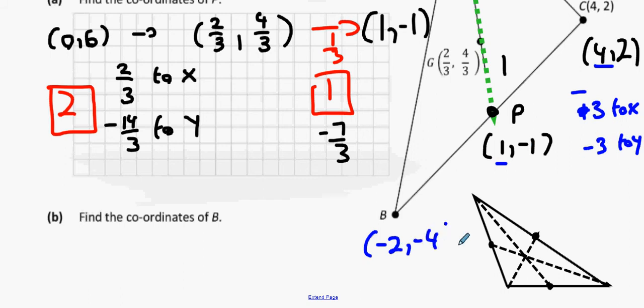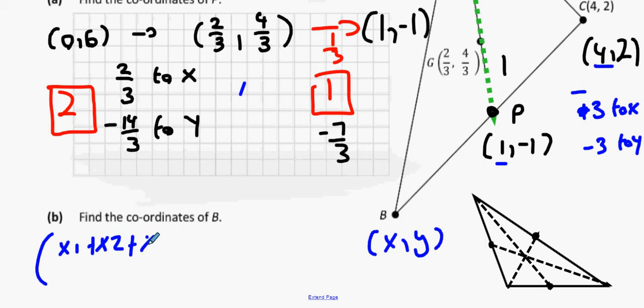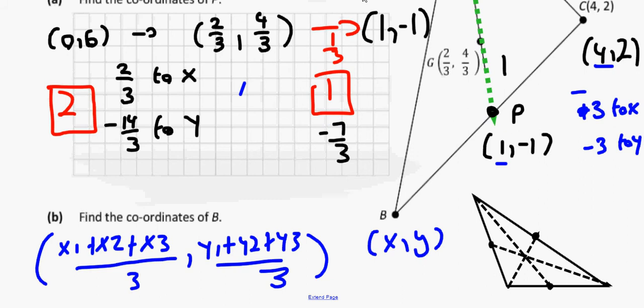Okay, who did it that way? Using the midpoints. Alright, how many of you guys decided to call the point B, for argument's sake, (x, y)? And you use the centroid formula, which is (x1 plus x2 plus x3) over... is it over 2 or over 3? Over 3, is it? And (y1 plus y2 plus y3) over 3. Now what are the 3 points we're looking at? You select the 3 points on the centroid.